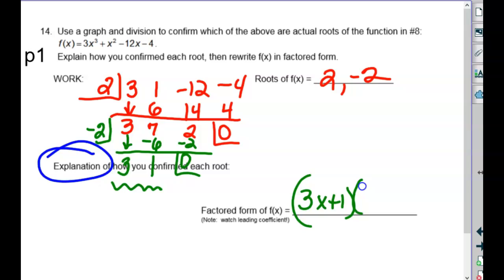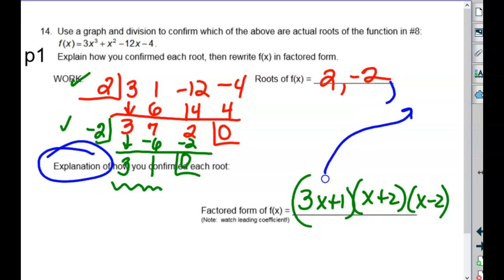Okay, and the 2 that we dealt with over here were x plus 2 and x minus 2. Okay, so what was the other root that I didn't check on the calculator? But by this it is -1/3.